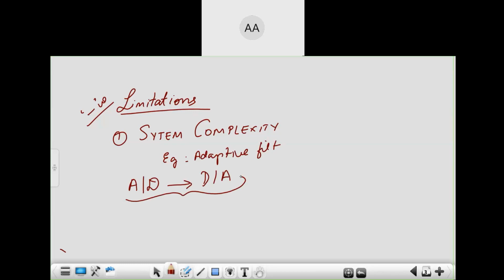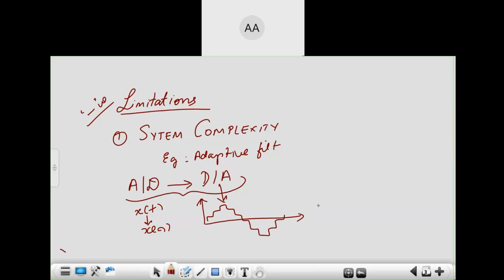When you convert from A to D, your signal x(t) is converted to x(n). When you're doing the reconstruction back, you will have a quantized signal like this. I hope you remember this, you would have studied it.